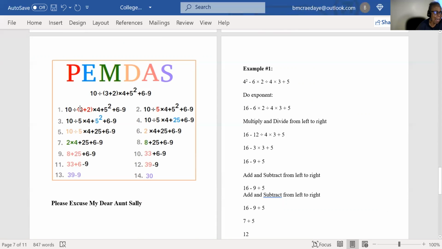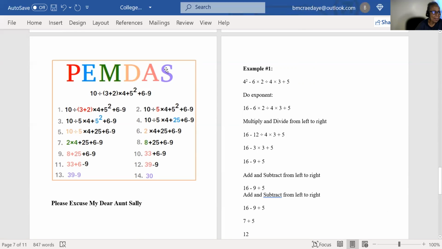And notice they have in red here, parentheses 3 plus 2. We do that one first. That gives you 5. You did what was in parentheses. Now you have 10 divided by 5 times 4 plus 5 to the 2nd power plus 6 minus 9.